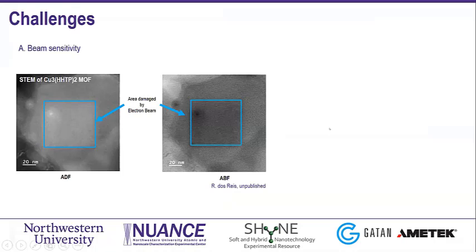Especially using STEM with standard alignments or standard emissions, the current emissions that you use for your hard material, right? So you basically destroy your sample after a first pass on your typical HAADF or annular bright field imaging here.